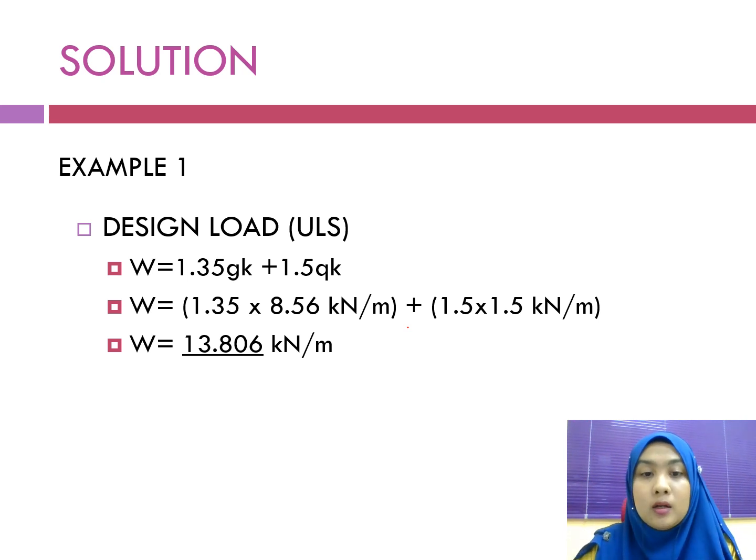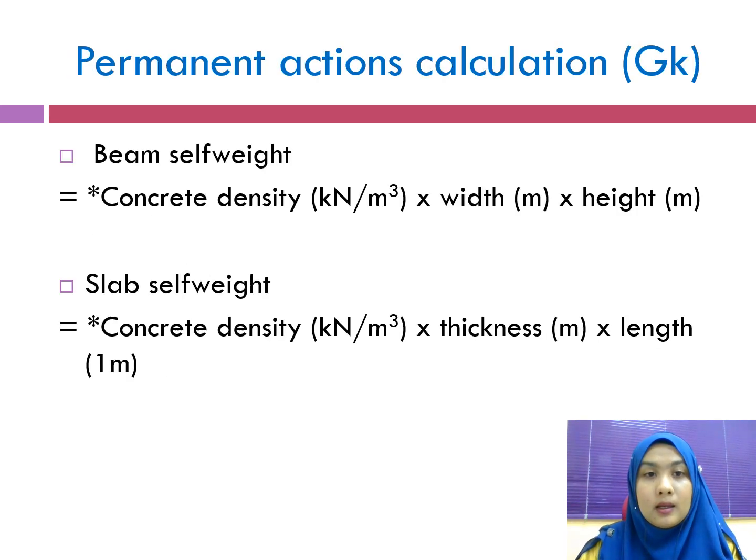Okay, let's move on. Let's say the self-weight is not included, so excluded. How do you calculate the self-weight of the beam? Here is the permanent action calculation, which is GK. All the beam self-weight, flap self-weight and so on is a permanent action, which we denote as the GK value.